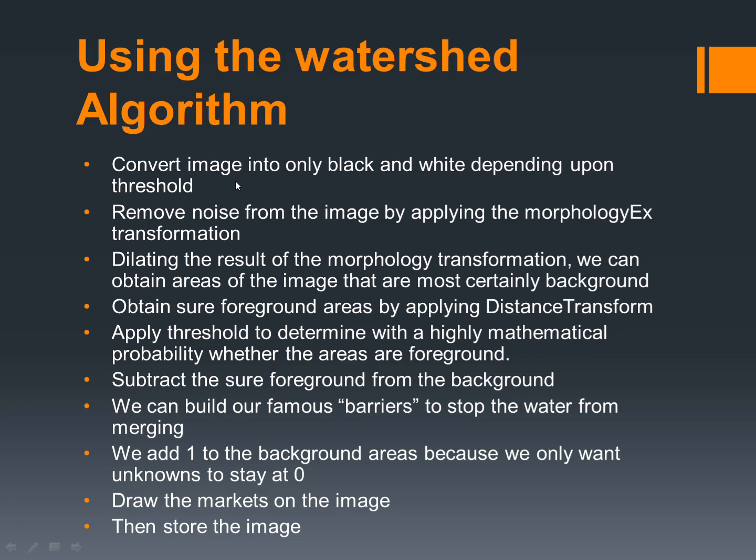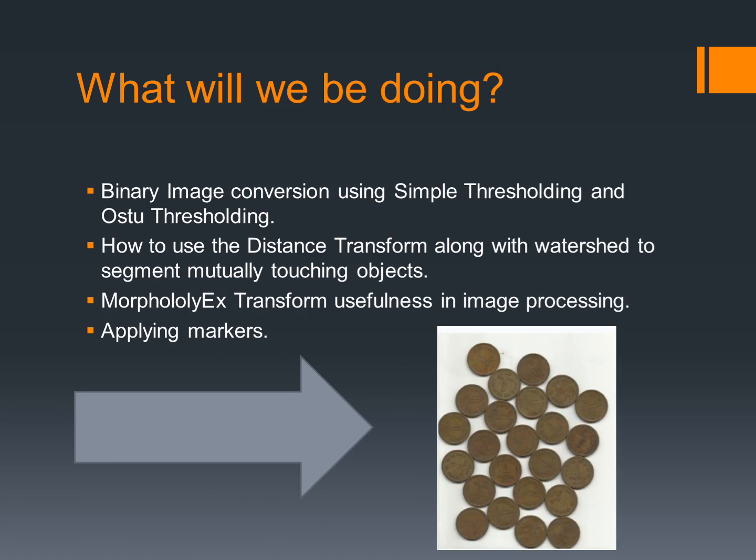Okay, so in this watershed algorithm, the first thing which we are going to do is change the image into black and white depending upon the threshold. So okay, this is the image. If there is a white portion, if we want to convert it into black, these are the objects. These objects are greater than the threshold value.